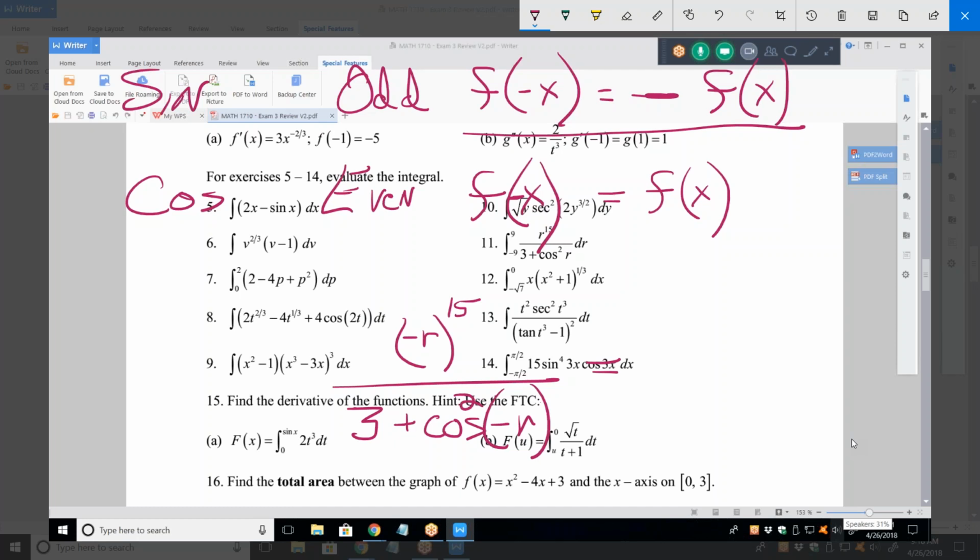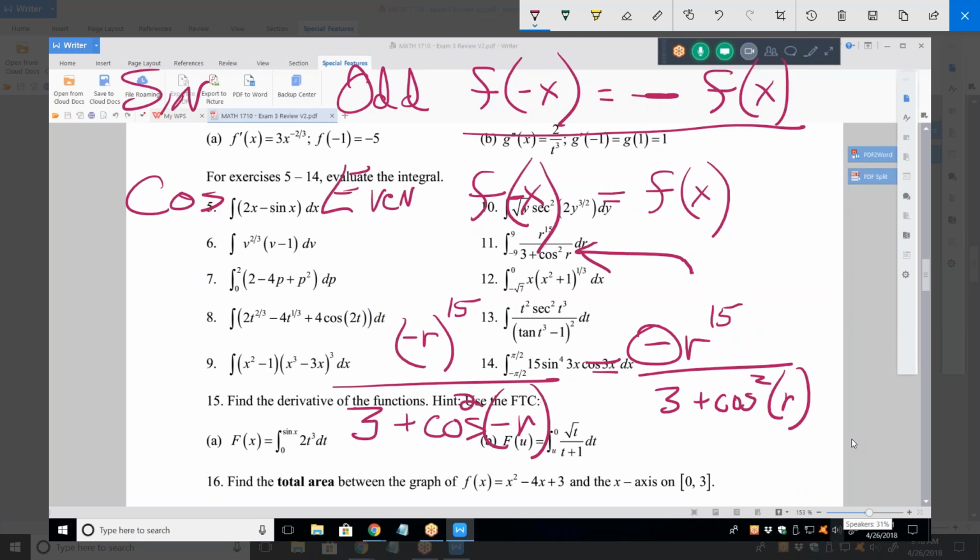It's negative r to the 15th. What's the denominator? 3 plus cosine squared r. You will notice that that is the exact negative of that, based on that negative sign. So we know it's an odd function.